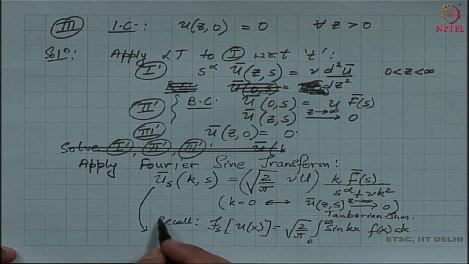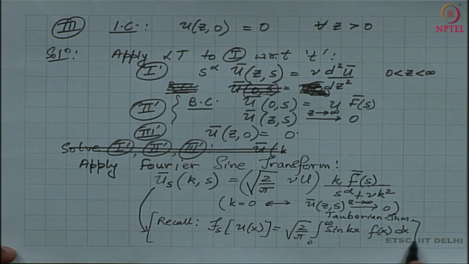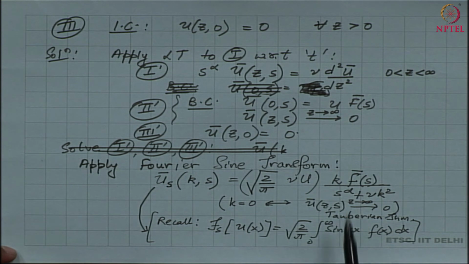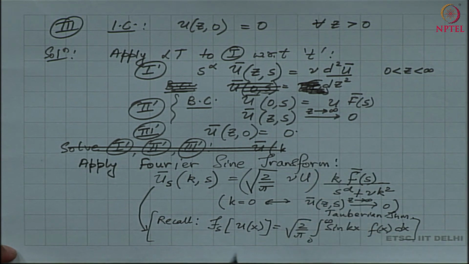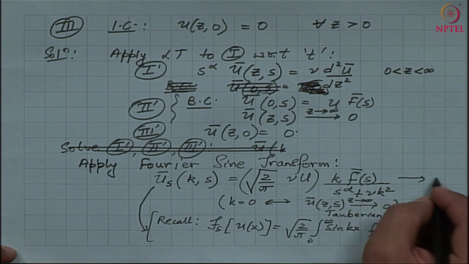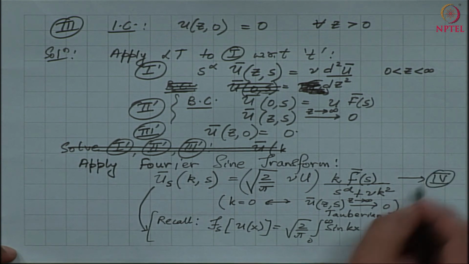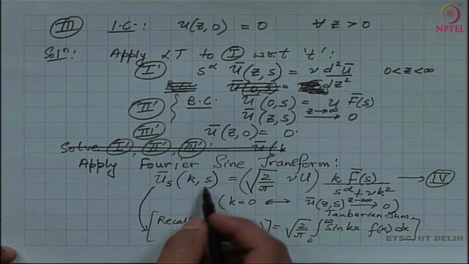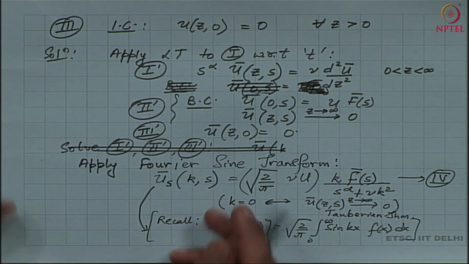And this is particularly useful when we have a Dirichlet boundary condition, which is the case in our situation. Let me call this expression 4, and I want to invert this expression 4 with respect to the Fourier and the Laplace transform.